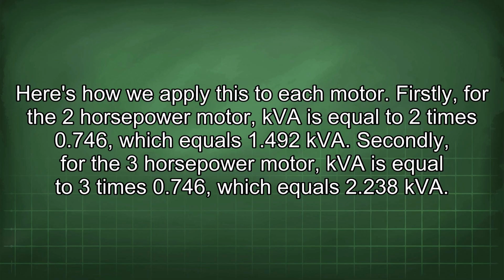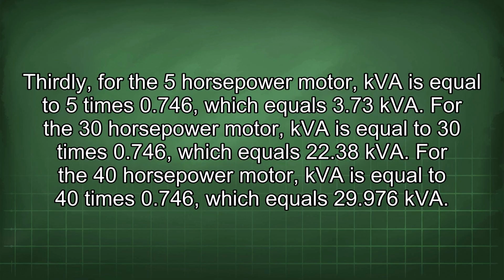Firstly, for the 2 horsepower motor, kVA is equal to 2 times 0.746, which equals 1.492 kVA. Secondly, for the 3 horsepower motor, kVA is equal to 3 times 0.746, which equals 2.238 kVA. Thirdly, for the 5 horsepower motor, kVA is equal to 5 times 0.746, which equals 3.73 kVA.